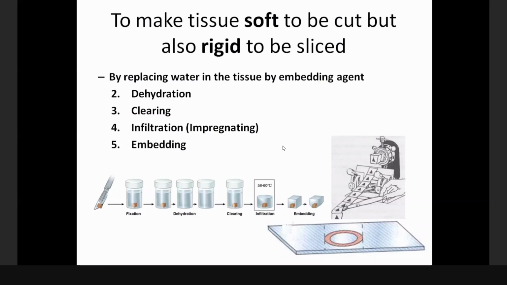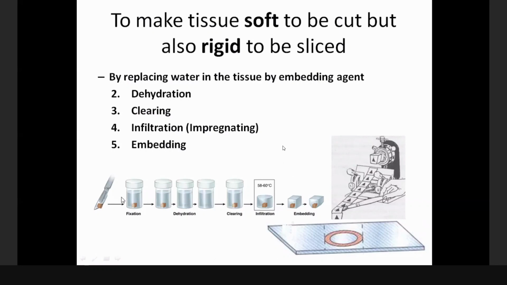Then after clearing, the xylene present in our tissue can be removed by dilution with molten wax. Molten wax is, as I've been telling you repeatedly, just molten candle, because candle is one type of wax. You put this in an oven because the wax is solid at room temperature.